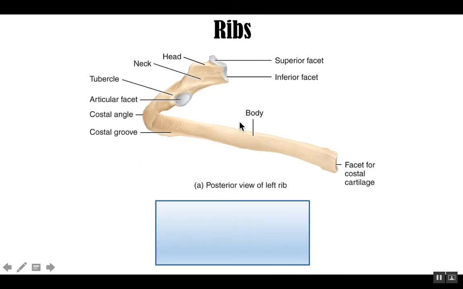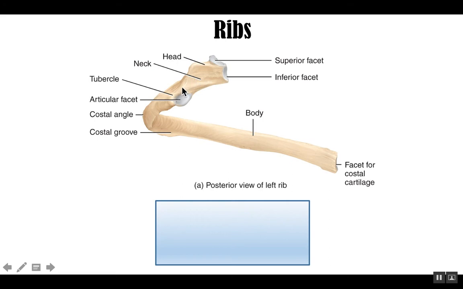If we look at a prototypical rib, it's going to have two ends. One end is going to be the end that attaches to the vertebrae, and that is known as the head of the rib. On the head, there's often two facets. So this rib will make a couple contacts at that head.